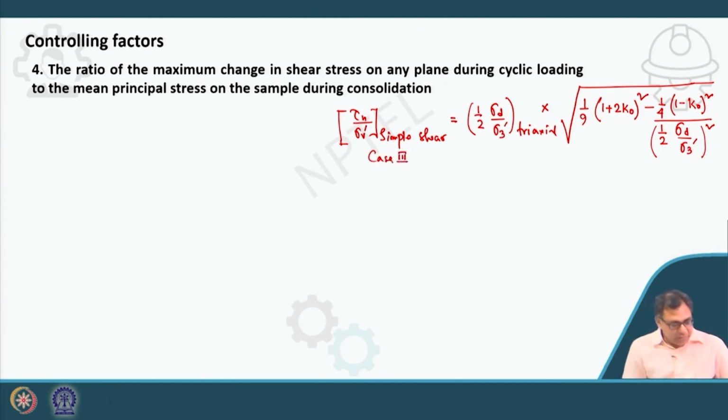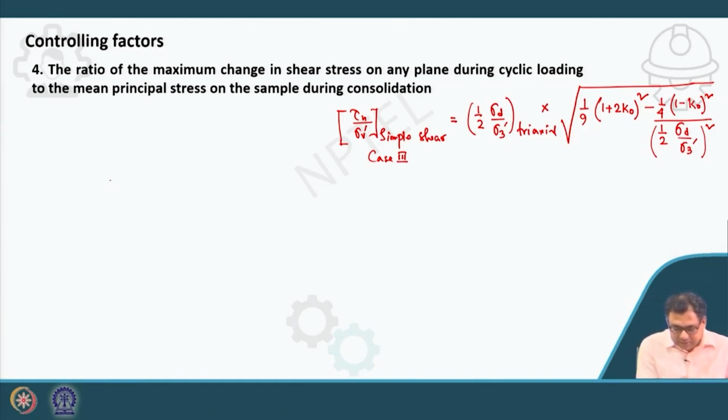Now I will discuss case 4. What is case 4? Case 4 is the ratio of the maximum change in shear stress on any plane during cyclic loading to the mean principal stress on the sample.